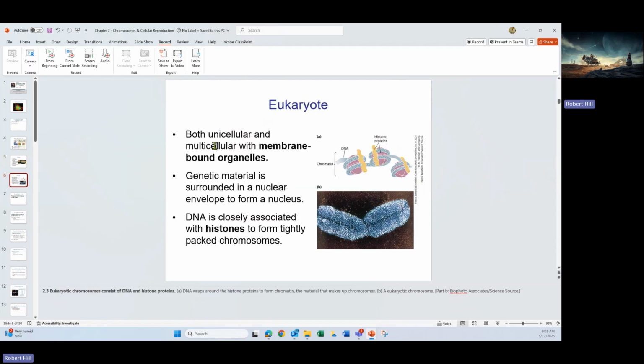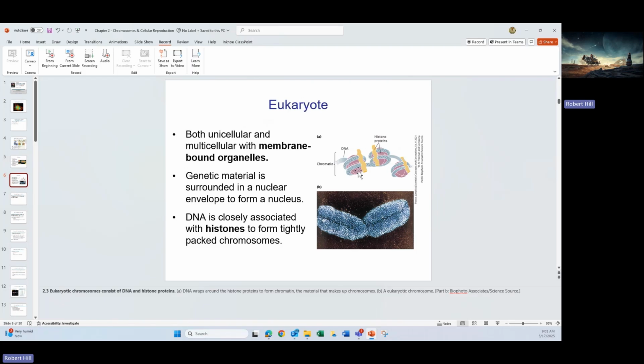All right, eukaryotic cells, unicellular and multicellular, have membrane-bound organelles. They have a membrane-bound nucleus. The genetics are segregated away in the nucleus. And the DNA, because you have so much of it typically, you have more than one chromosome, gets packaged by these proteins called histones.